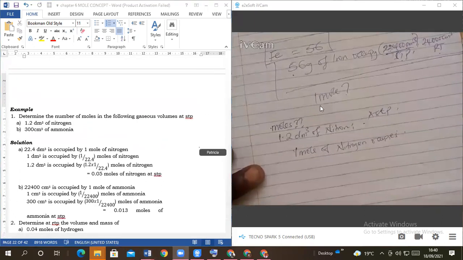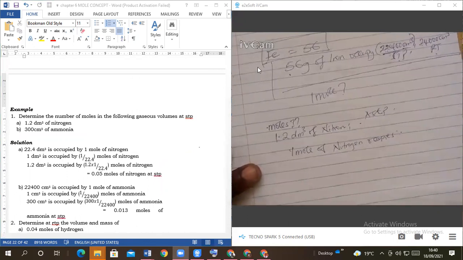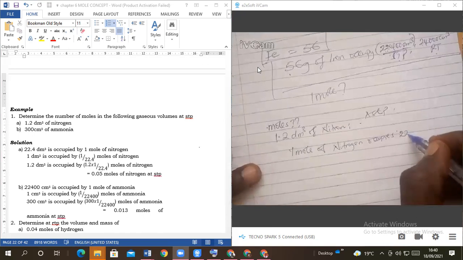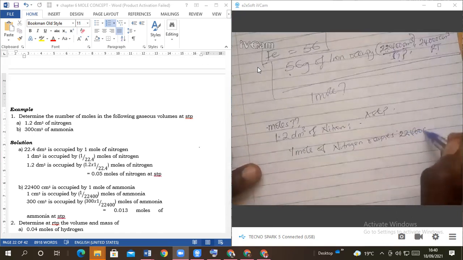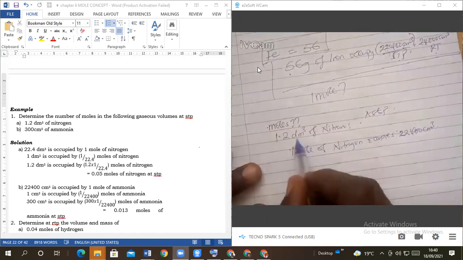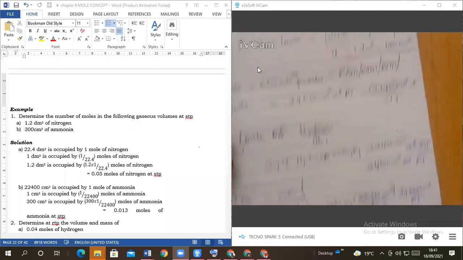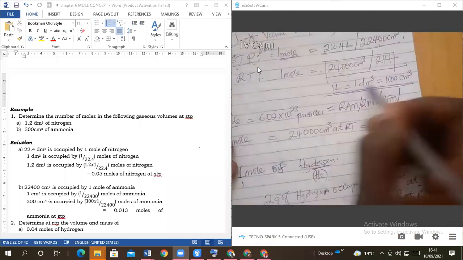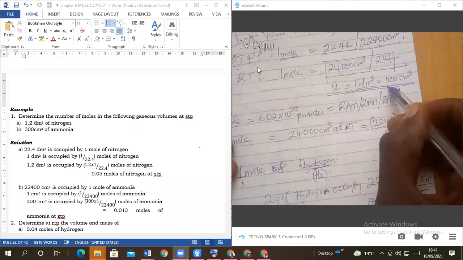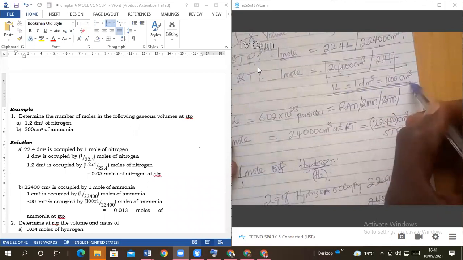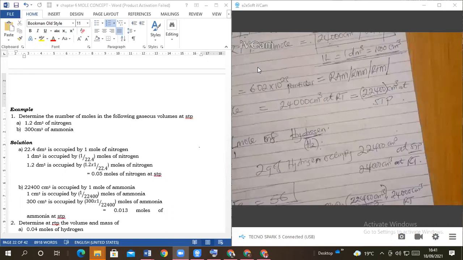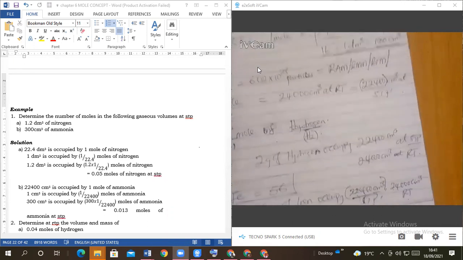At STP, what is the volume of 1 mole of a gas? 22,400 cubic centimeters. But now they have given you the answer in what? In decimeters. You go back to this relationship we wrote here that 1 liter is equal to 1 decimeter cubed, which is the same as 1,000 cubic centimeters. So if you divide this answer by 1,000, you get 22.4 decimeters cubed, isn't it?